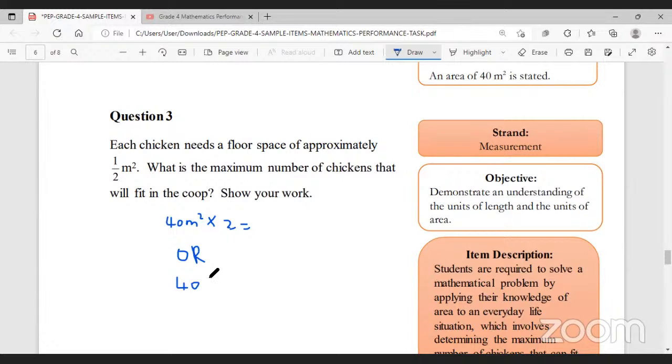So we can divide that 40 meters square by a half. I presented this option here at the top because this would probably be an easier thing for most students to do. When you're dividing by a half, it's the same as multiplying by 2.